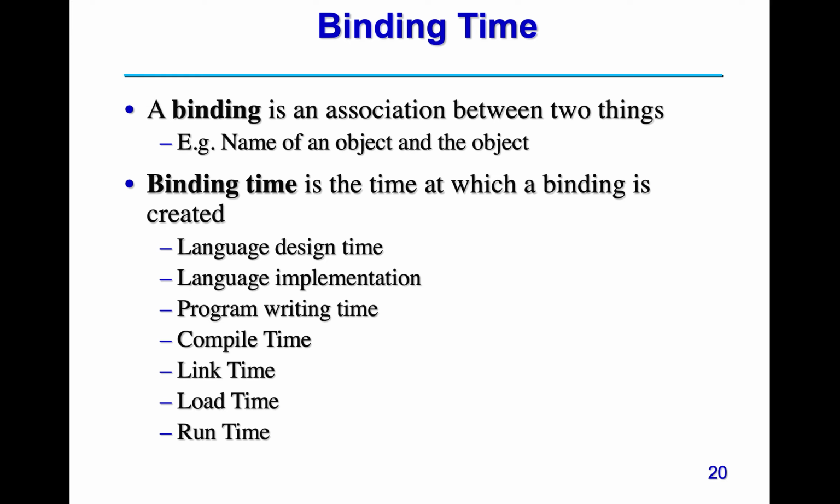It makes it so we've associated it with a concept, and the concept is I have an integer value, and it's called I. That's a binding. Binding times take place at different times during the compilation process.